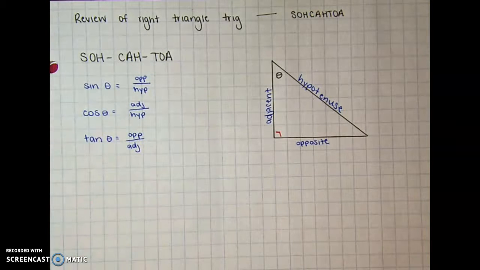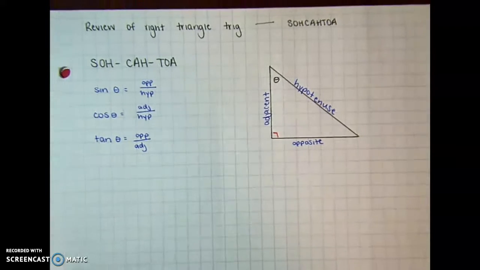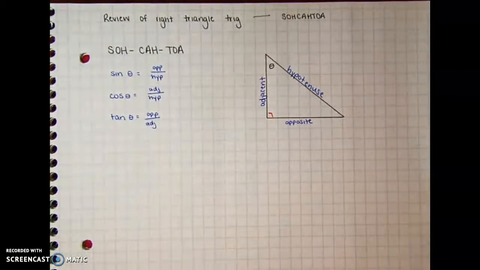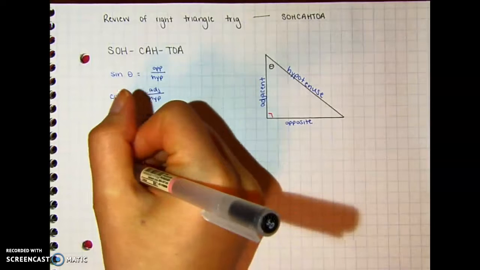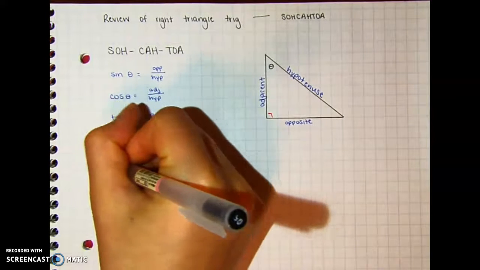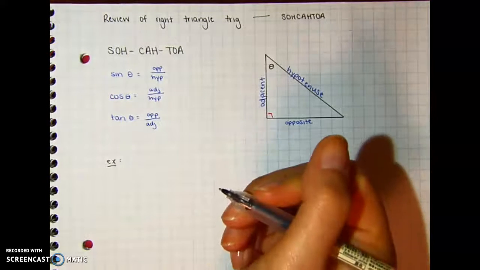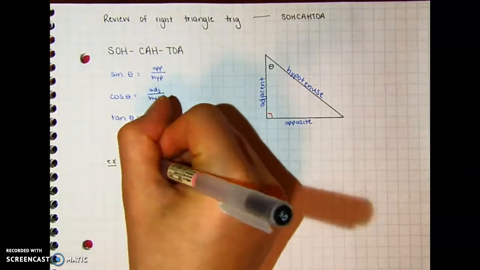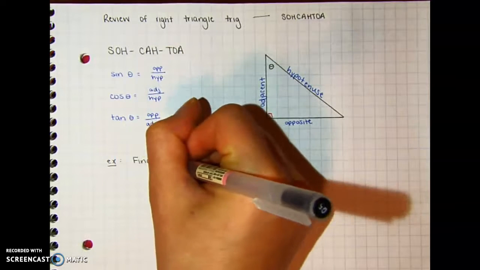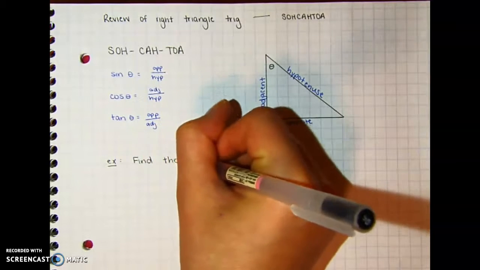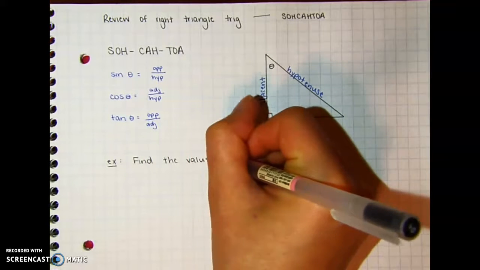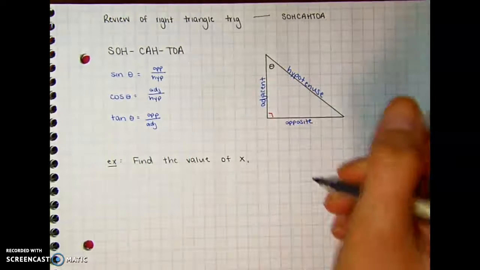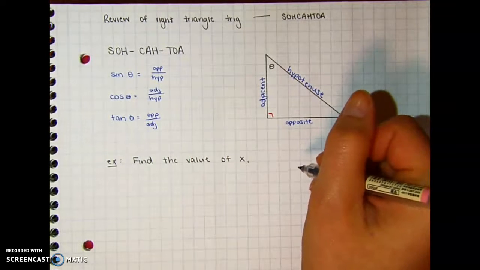So let's just do a quick practice problem to make sure you remember how to show your work, because work is very important. So find the value of x. Round to the nearest tenth if necessary.